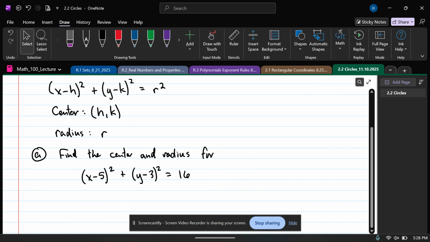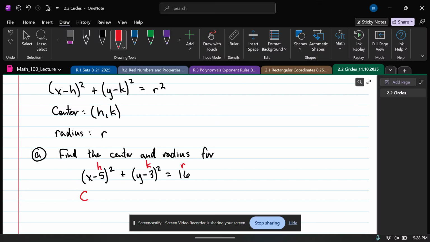Using that form of the equation. The center, (h, k). Take the opposite sign. Remember on the parentheses, just like we did with vertex form, you're going to take the opposite sign. So if it's a minus 5, it's going to be positive 5. So (5, 3) would be the center.